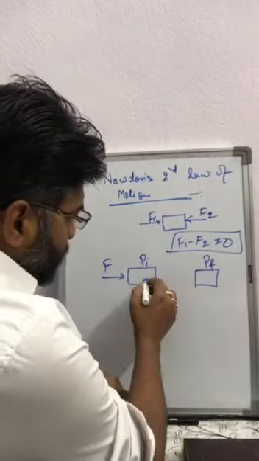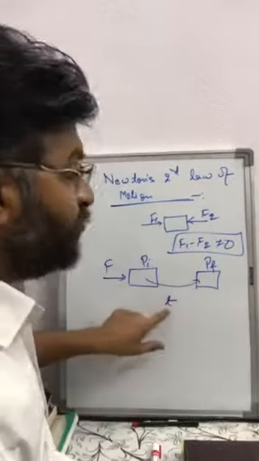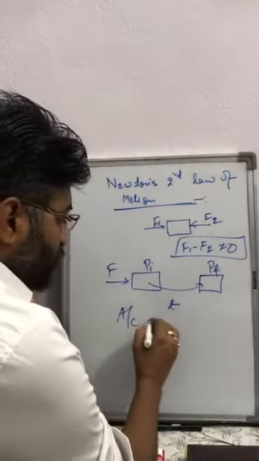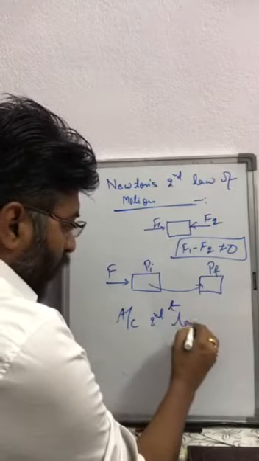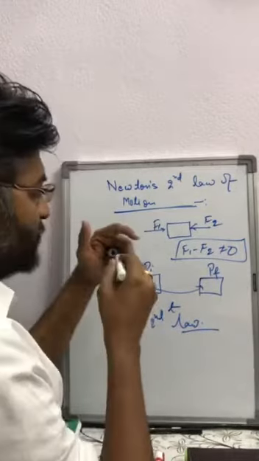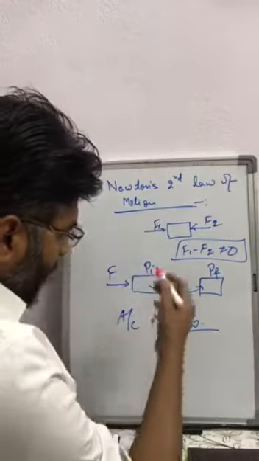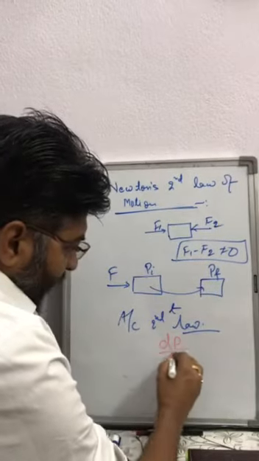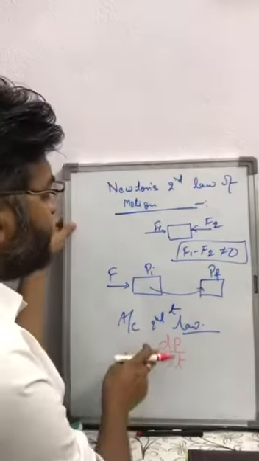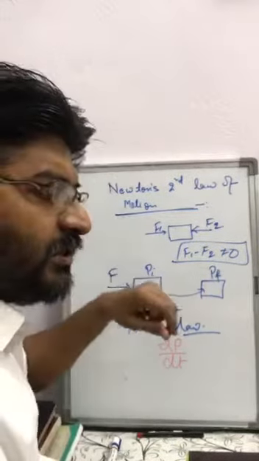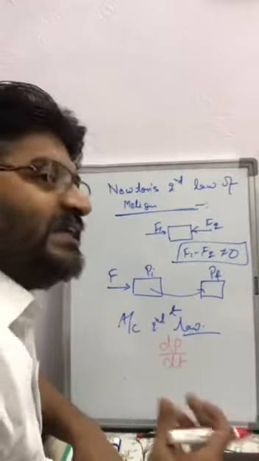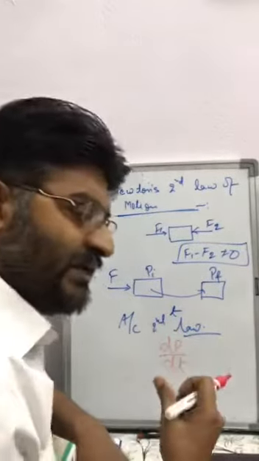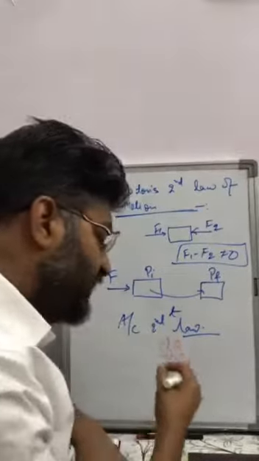Then according to the second law, the change in momentum, dp by dt, is written for the instantaneous change, for a small value.